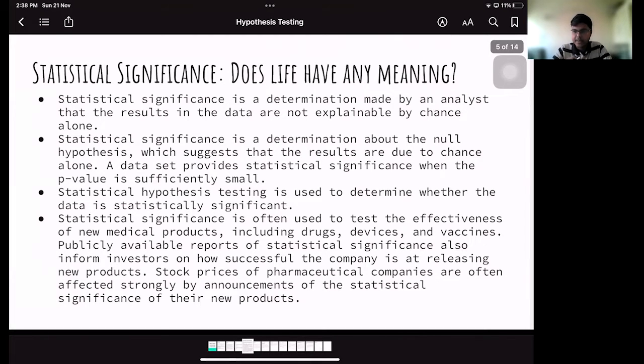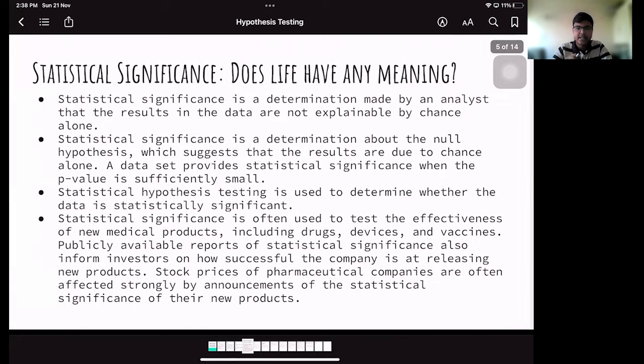Statistical significance is a determination about the null hypothesis, which suggests that the results are due to chance alone. We will learn about the null hypothesis more in the next slides. A dataset provides statistical significance when the p-value is sufficiently small. These definitions we will go over in the next slides. Whether the p-value is sufficiently small or large determines the significance of the observation.